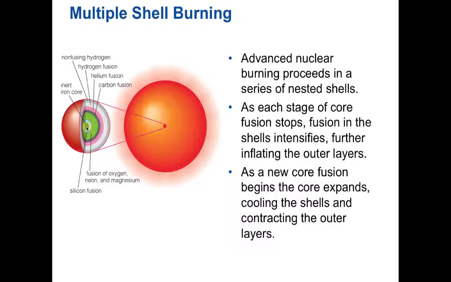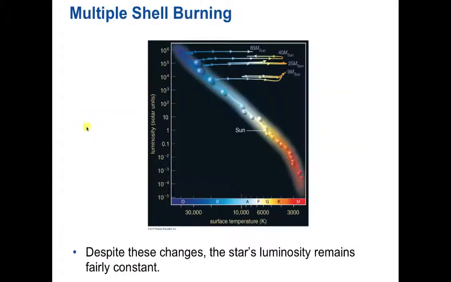And then as fusion begins again, the core actually expands a little bit, cools the shells down a little bit, and the outer layers actually then contract. The gravity can squeeze a little bit. So there's always this sort of opposite thing: as the core expands, the outer layers contract, or as the core shrinks, the outer layers expand, because of the way that energy is being produced. But ultimately, iron is the last thing that a star can make. And we'll talk about that in just a second.